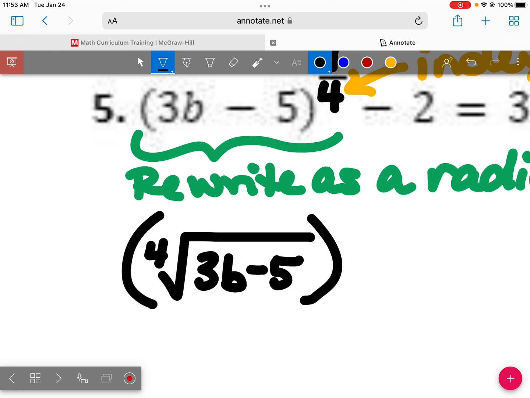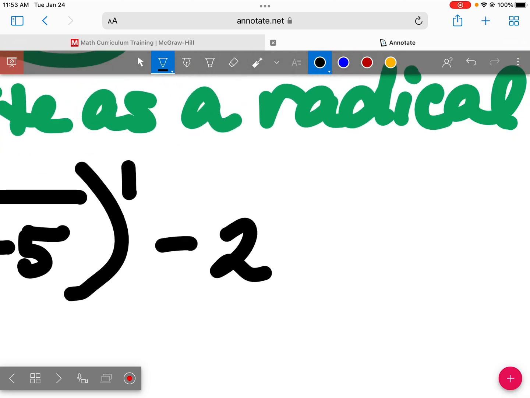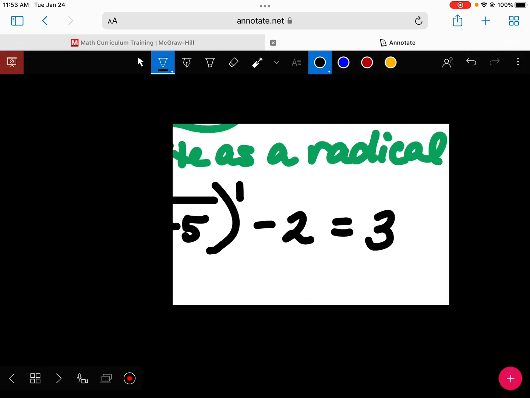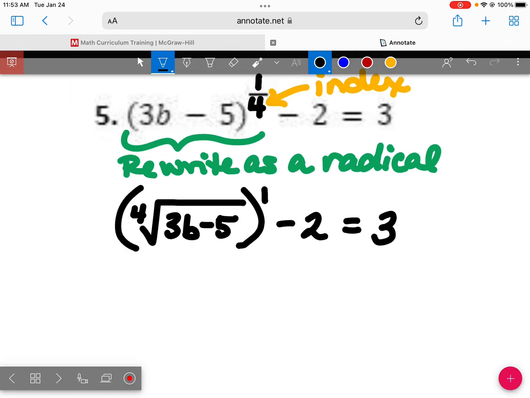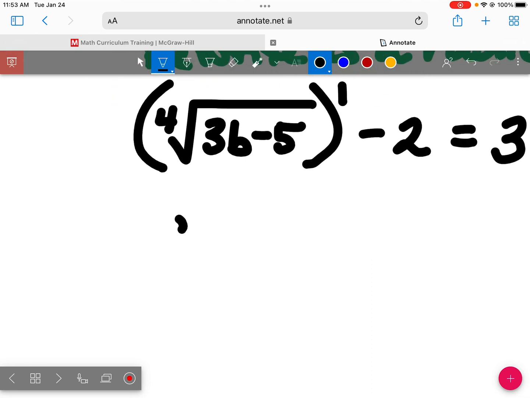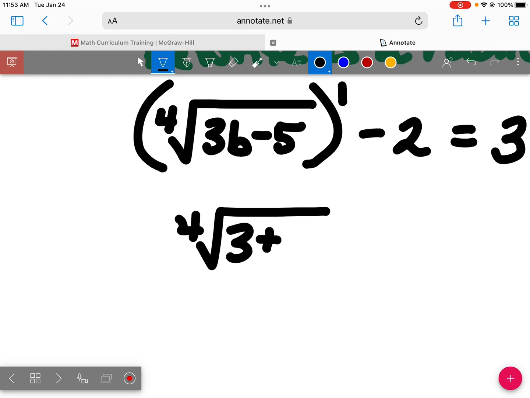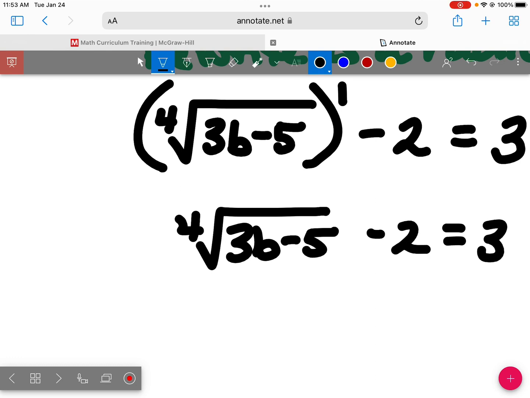What's my numerator? All to the power of 1. Minus 2 equals 3. If I have something to the first power, do I have to keep writing that little 1 for the exponent? Nope. So this is the 4th root of 3b minus 5 minus 2 equals 3.